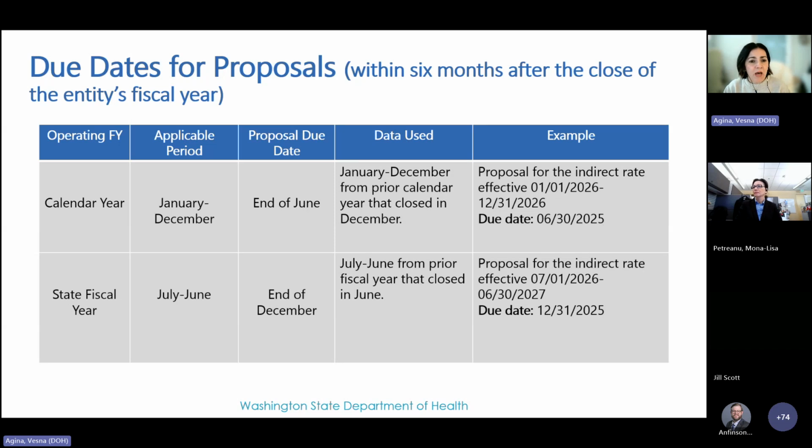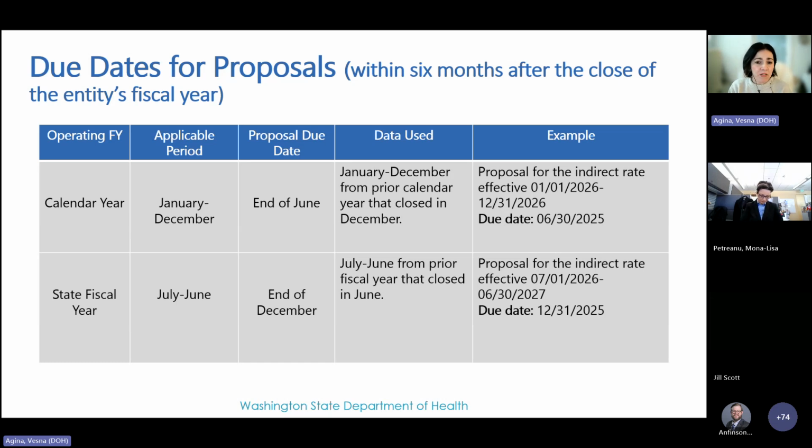However, if you still have an outstanding indirect proposal, if you do not have an approved rate for the 2026 calendar year, please send those proposals as soon as possible so we can review those and send you the approval letters prior to you starting to bill for 2026.